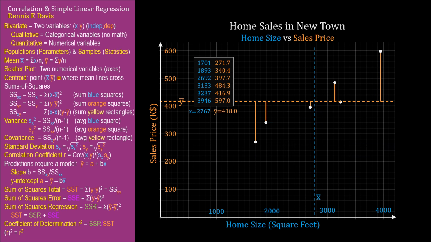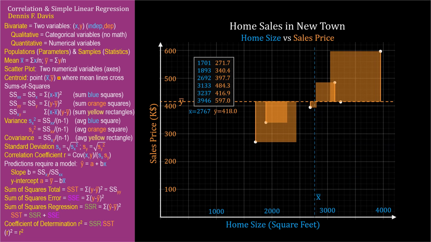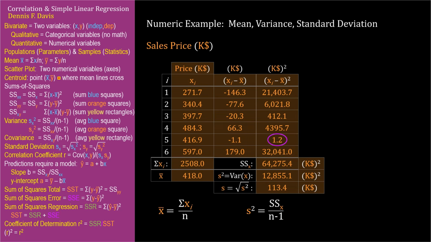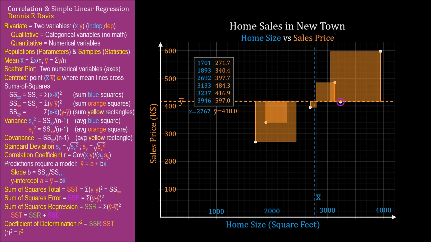The variance of Y is the average of these orange distances, squared. It looks like 5 squares instead of 6 because the square for this point is too small to see. It's the small squared difference from earlier that I emphasized was small compared to its neighbors. So all the numbers and formulas we've covered can be visualized right here on the scatter plot.